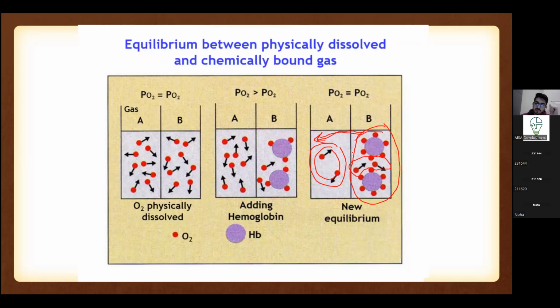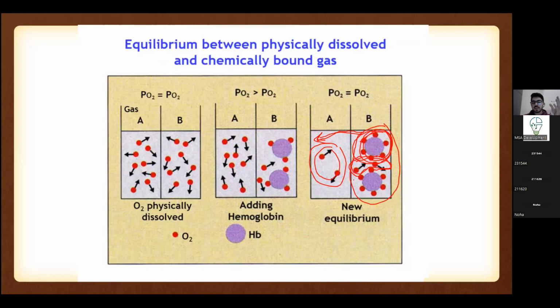You can see that the amount of the chemically bound oxygen is a lot larger than the physically dissolved. And we said that the amount of physically dissolved is not enough to provide adequate oxygenation to the organs of the body, okay? However, that doesn't make the physically dissolved oxygen useless.